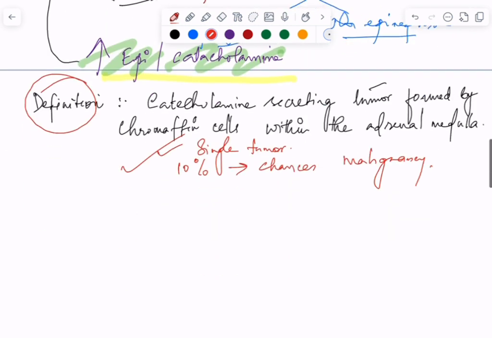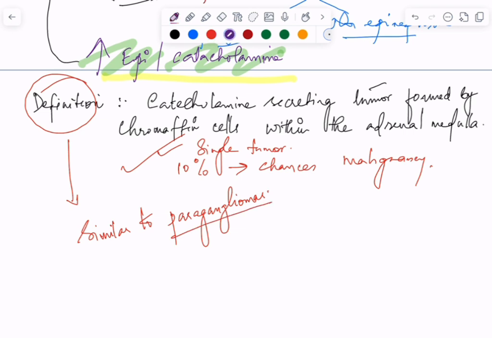I can tell you one more point, that it has a similar presentation to paragangliomas. These paragangliomas originate from the sympathetic nervous system, and our pheochromocytoma originates from the adrenal medulla. But the symptoms are almost the same.